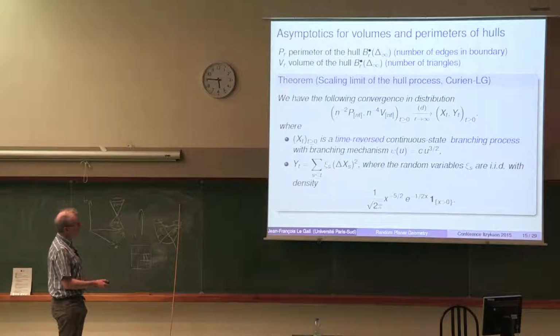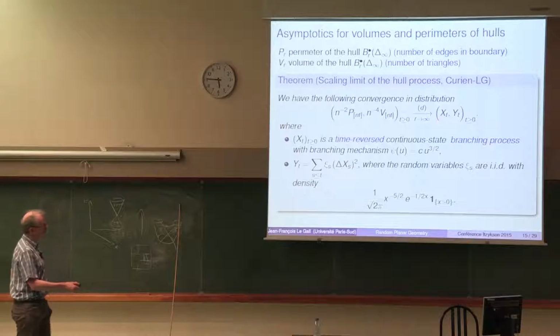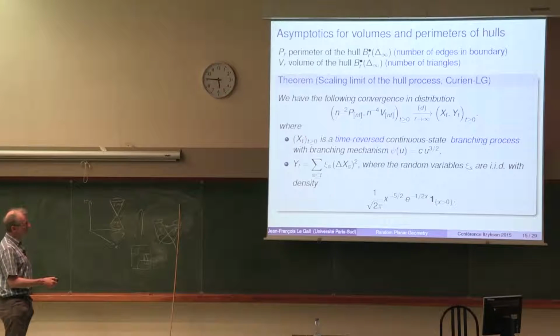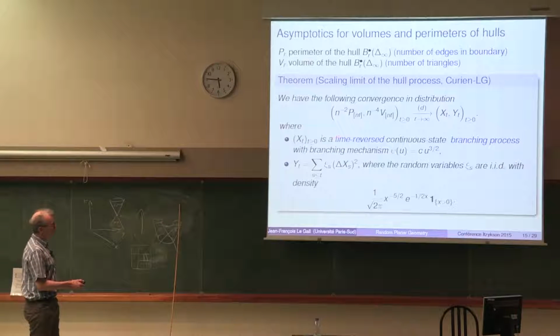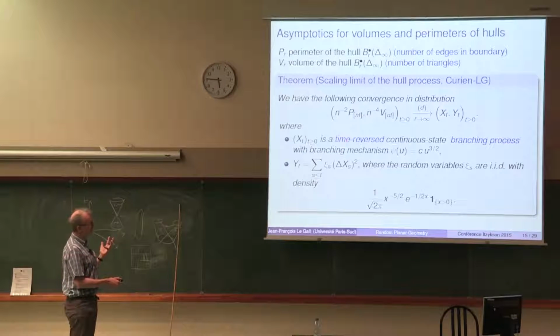And you can describe the two limiting processes by saying that X, well, I'm not going to give a precise description, but it's basically a time-reversed branching process. It's a branching process taking values in the positive real numbers, called a continuous state branching process.